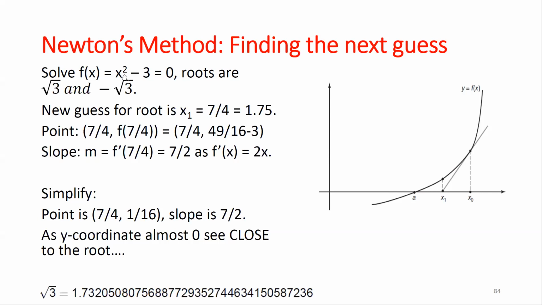And we said that the derivative is just 2x. So what's 2 times 7 fourths? 2 is 2 over 1, so it's 14/4.